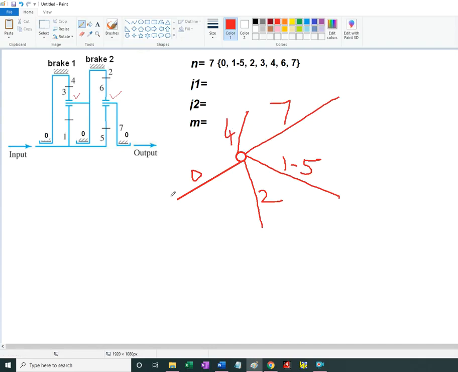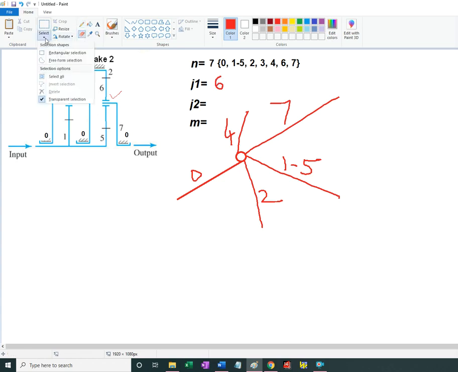So 0 as well as 1 and 5, 2, 7, and 4. That would be 1, 2, 3, 4, 5, 6, 7, minus 1, that is 6.